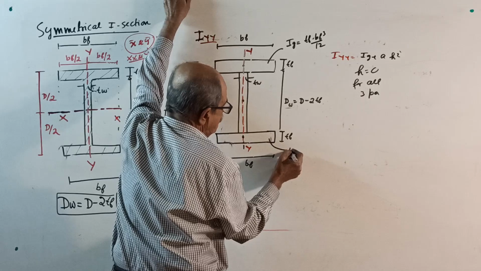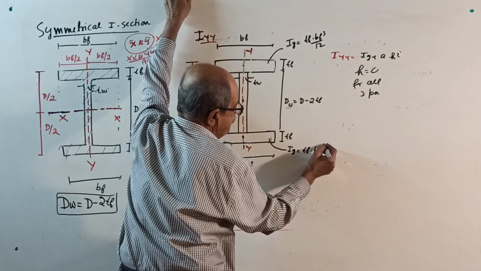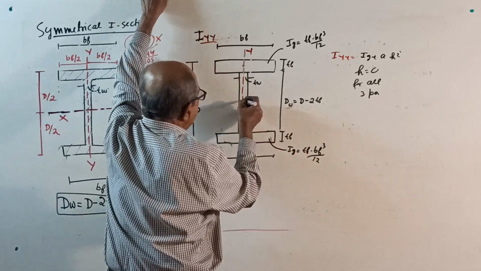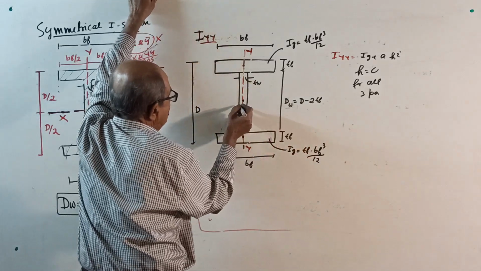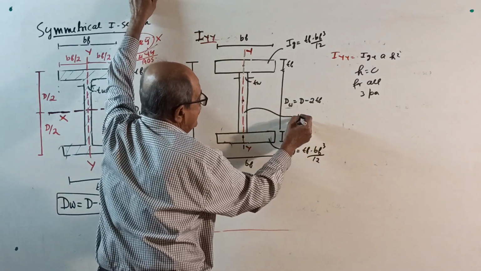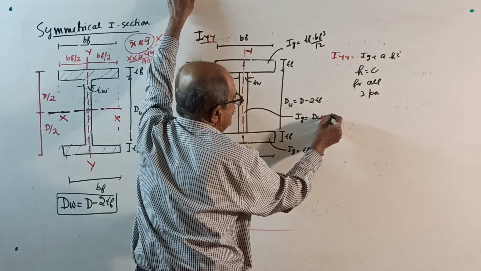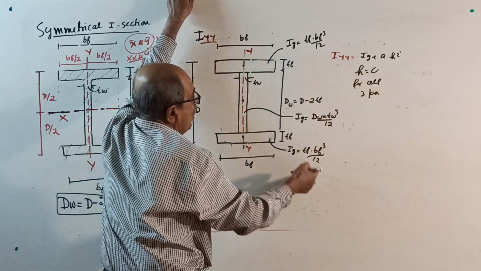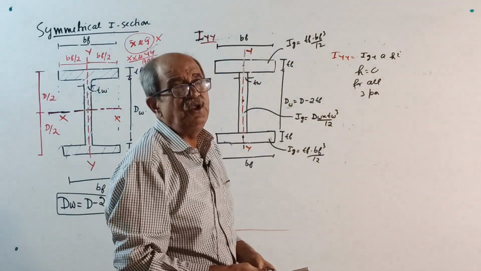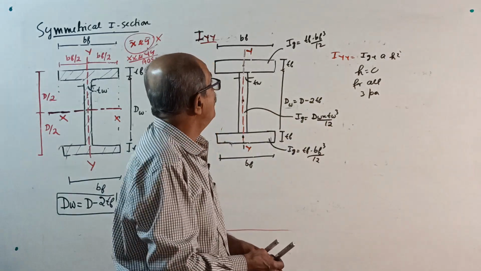For this portion, the web, Ig equals dW into Tw cube divided by 12. And for all of them, when you apply the parallel axis theorem, Ig plus A square H, H equals 0.